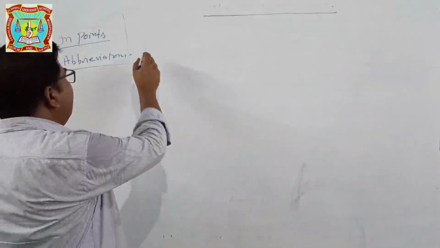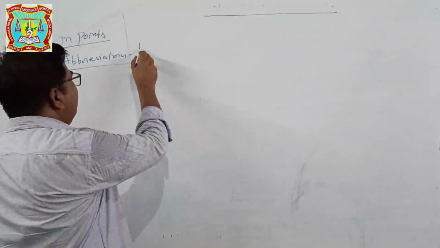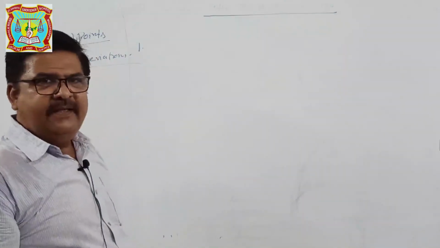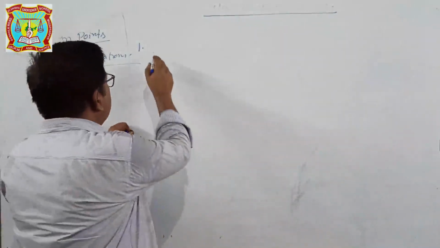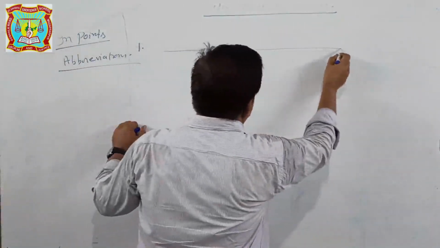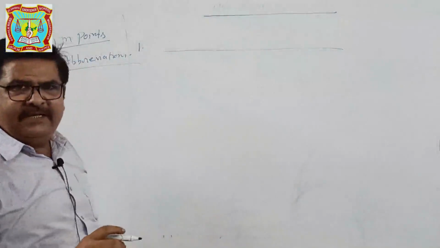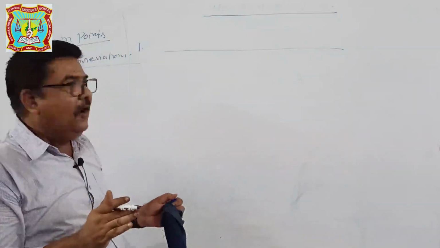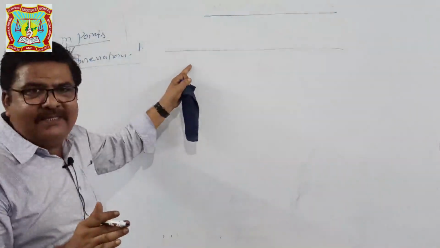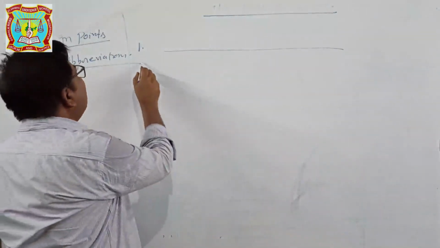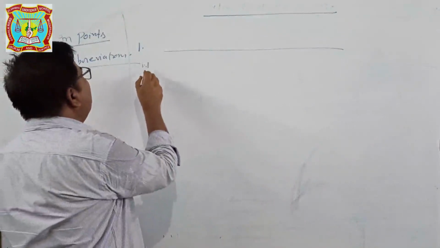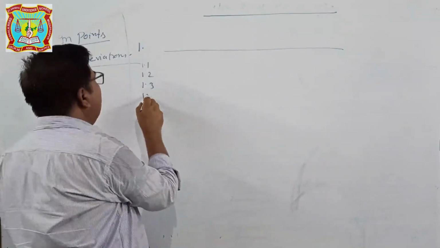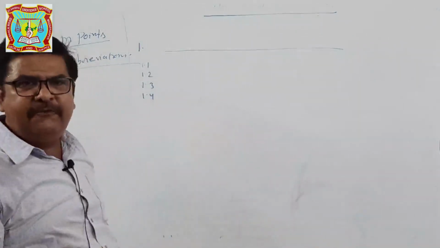And after the title, now see, for example, this one is for main heading, number 1. Now the subheadings, or if you call it main points, the sub points are written like this: 1.1, 1.2, 1.3, 1.4, if needed 1.5.